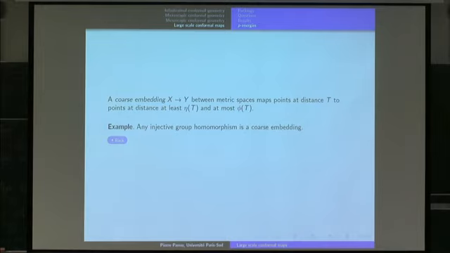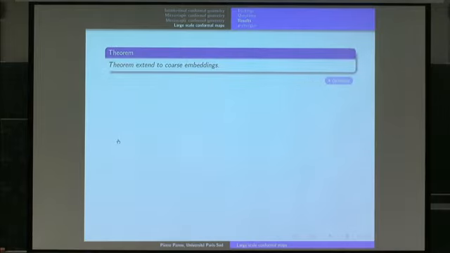And so the typical example is an injective homomorphism between groups, right? So that's a very large class. So technically, they are not included in this notion of large-scale conformal maps, but the theorem applies to the coarse embeddings as well.